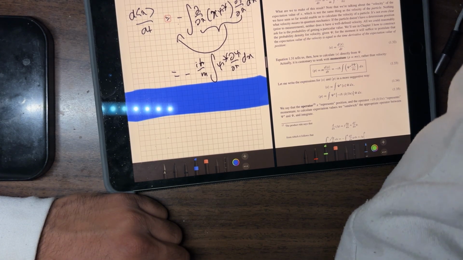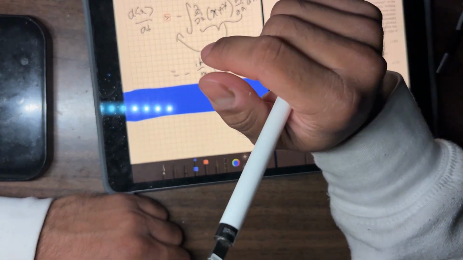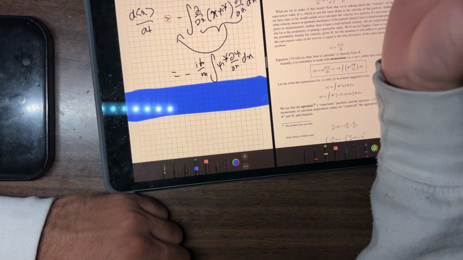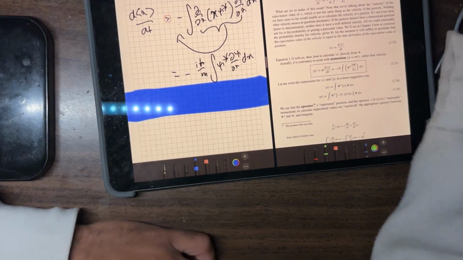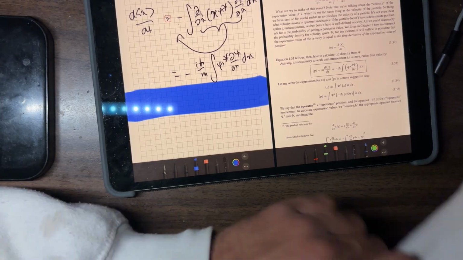So technically you're not finding the velocity of the specific particle at a specific point, but you're trying to find the velocity of the entire position, because at the end of the day we don't know exactly where the particle is. Okay, makes sense.